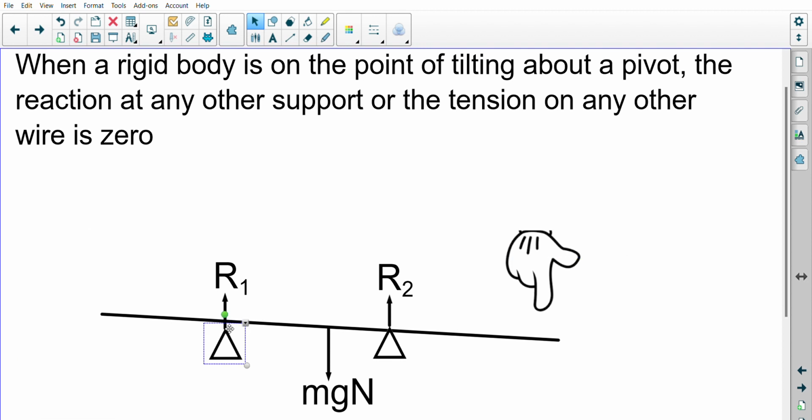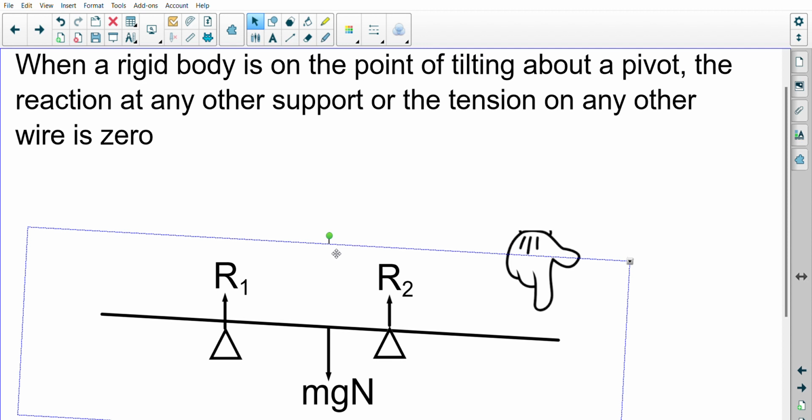Okay? So when it's at the point of tilting, it's not in equilibrium anymore. Okay, so the reaction at this support will be 0 because it's actually lifted off the support.